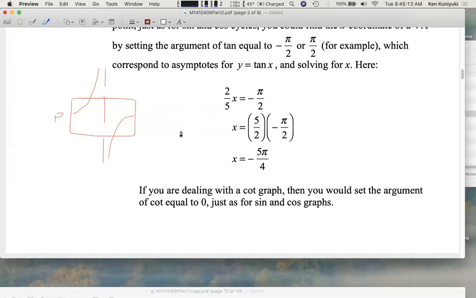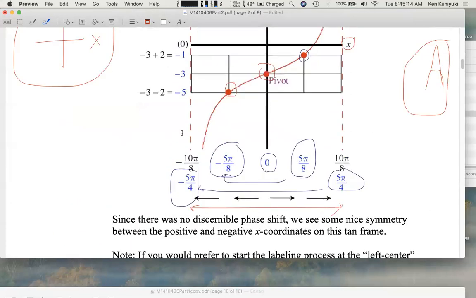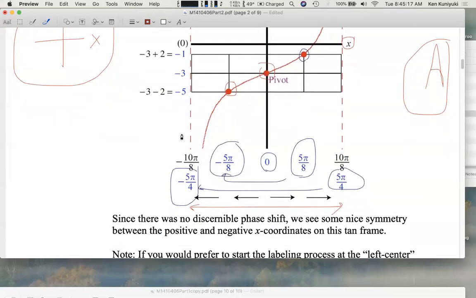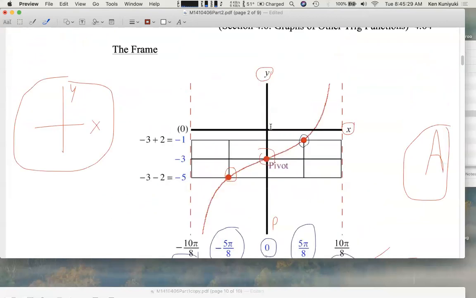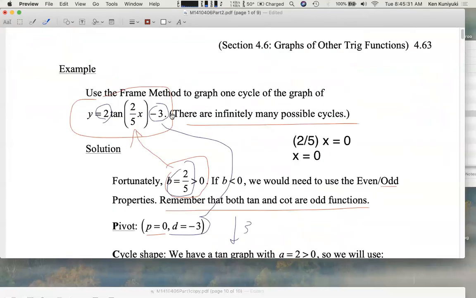Another way that you can do this is that in their trig classes, some students actually find the VAs first. Remember, we found the pivot, in particular the phase shift P, by setting the argument equal to 0. We set 2/5 x equal to 0, and we got x equals 0.